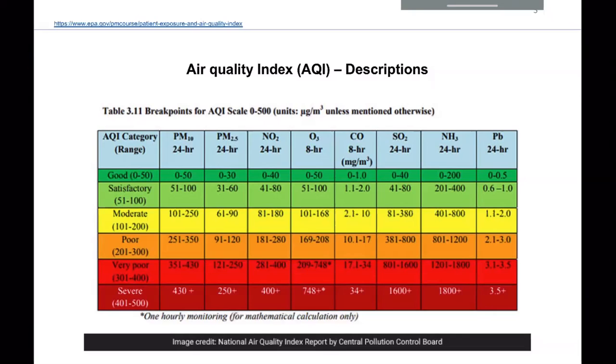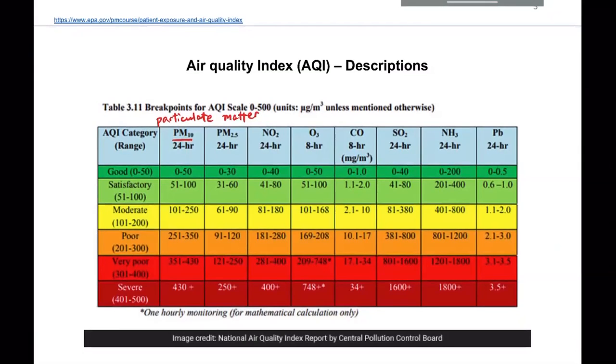For example, it involves PM, which stands for particulate matter, a very important species of air pollutants in the atmosphere, right? People also measure nitrogen dioxide, ozone, carbon monoxide, sulfur dioxide, ammonium, and lead. These are very important air pollutants, and we use these as indicators for the air quality.